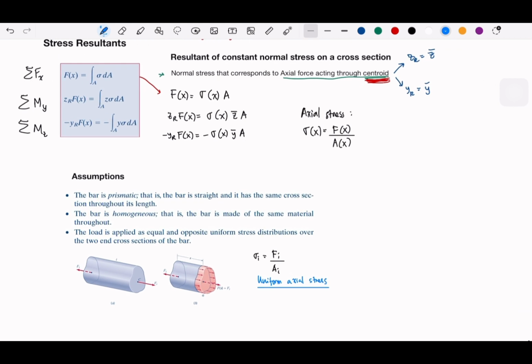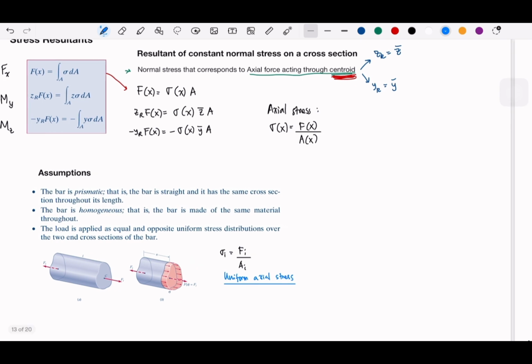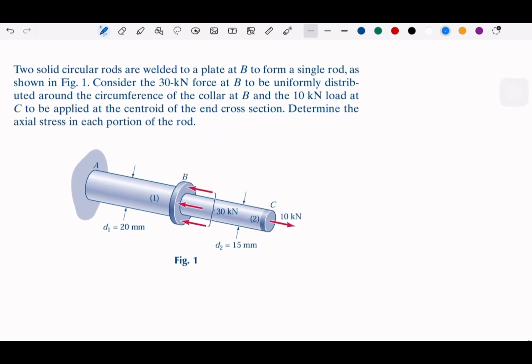Perhaps, let's say we are going to apply it to another example that is a very typical diagram or condition, and sometimes in exams this will also come a lot. So we have a circular rod which is described by points A, B, and B, C. And we have two rods that, it says, are welded.